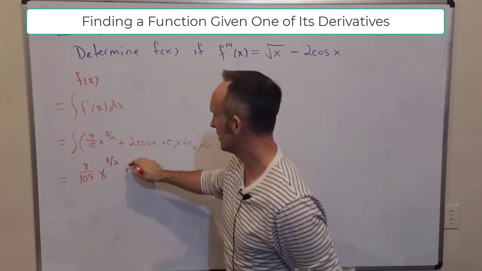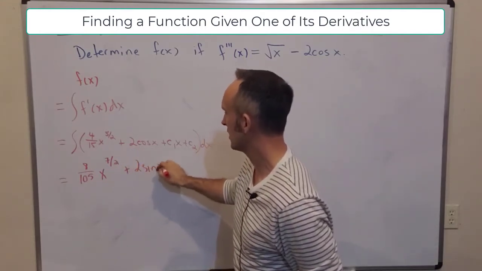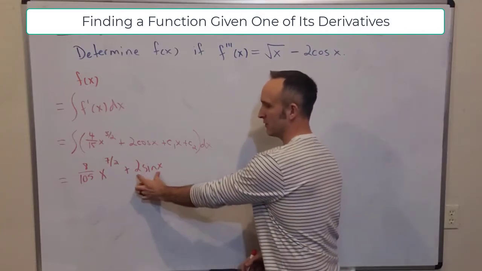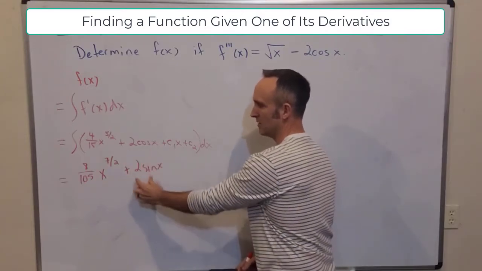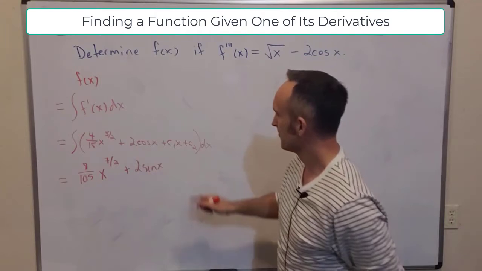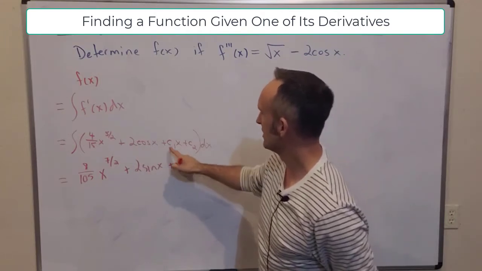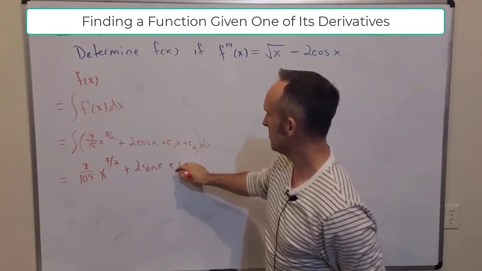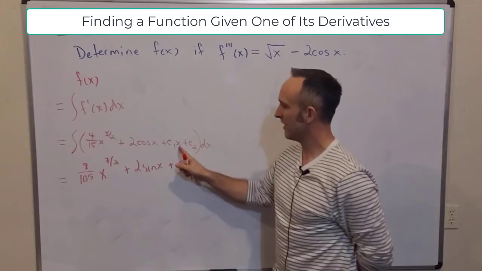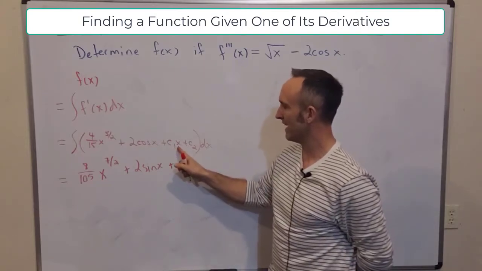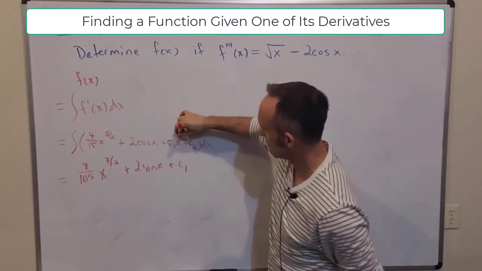Now I ask, what do I differentiate to get positive 2 cosine? Well, now you should be getting comfortable. That's positive 2 times the sine. Because if I differentiate a sine, I get the same. If it's a plus here, it's a plus there. Then I anti-differentiate c sub 1 x. So I keep my coefficient c sub 1, and then I use my power rule on x. So this is x to the first.